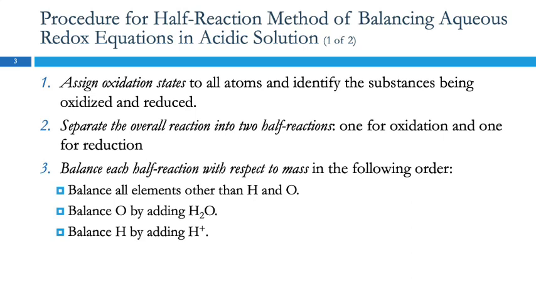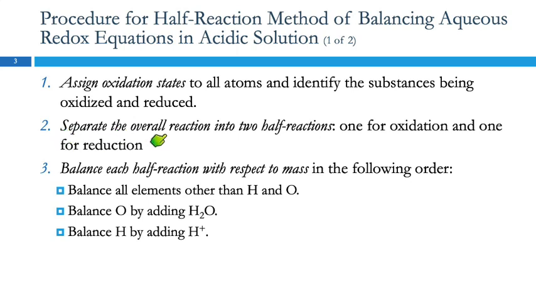So here's the written out procedure. The first step, which honestly I think is really kind of optional, it can be helpful, but it's not absolutely necessary: assign oxidation states to all the atoms and identify the substances being oxidized and reduced. That would be great to do, but it's actually not absolutely necessary.